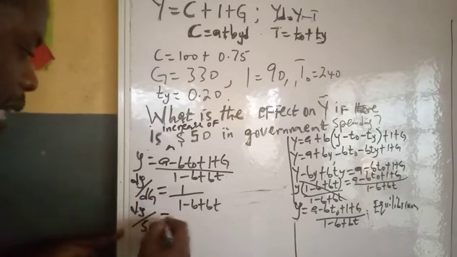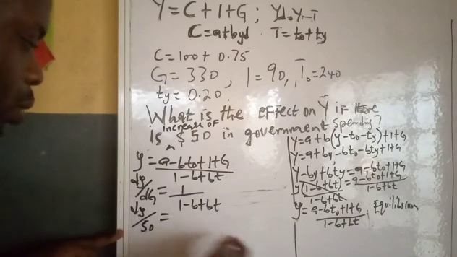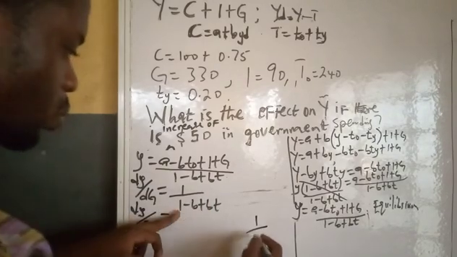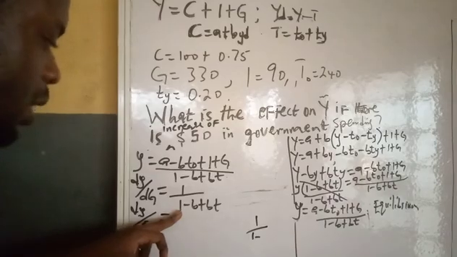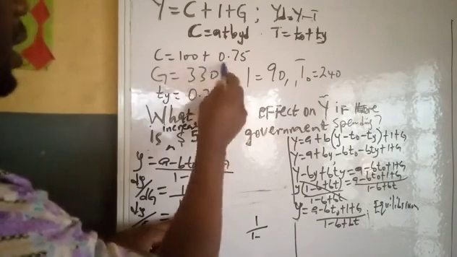Okay, so put the equal sign back. Then if you do your rough work, 1 over 1 minus B. What is your B? Your B is here.